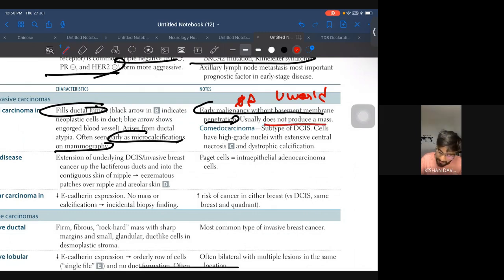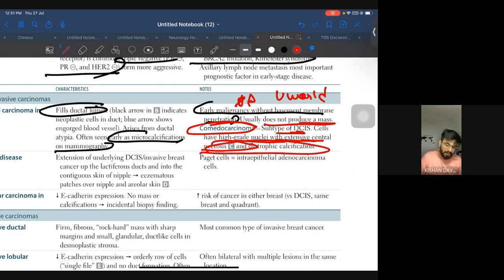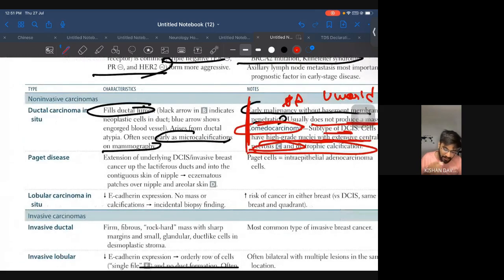Usually does not produce a mass. Now, comedocarcinoma, subtype of DCIS, cells have high-grade nuclei with extensive central necrosis and dystrophic calcification. So this is very important. Notes part. Okay, DCIS. Let me see if there is anything else. No, nothing. Okay, so calcification, necrosis, and without basement membrane penetration.